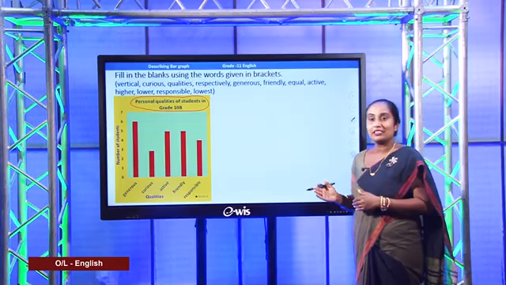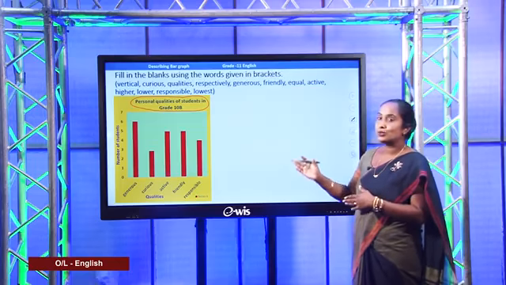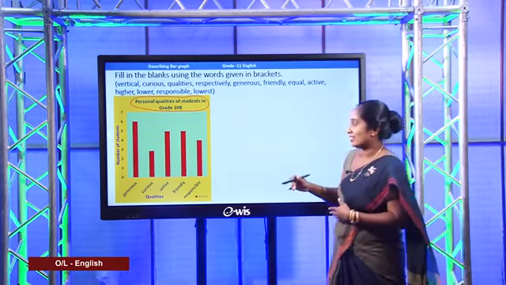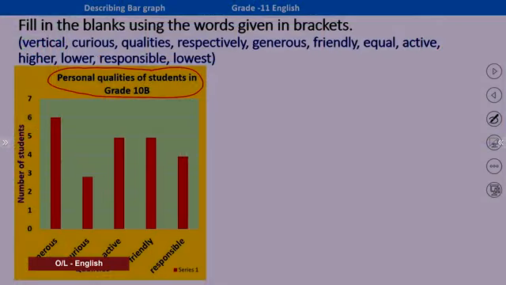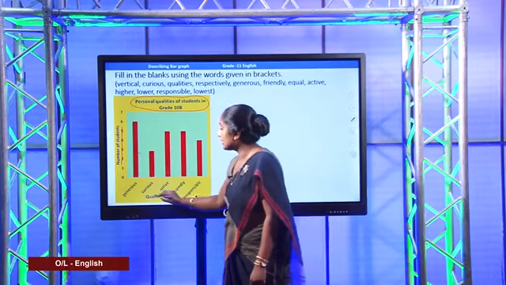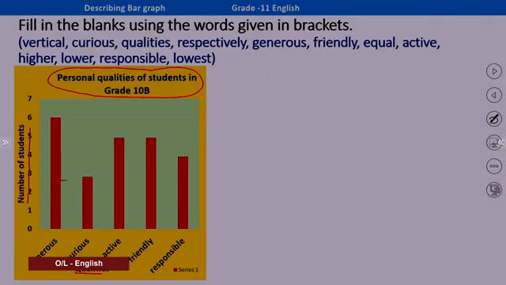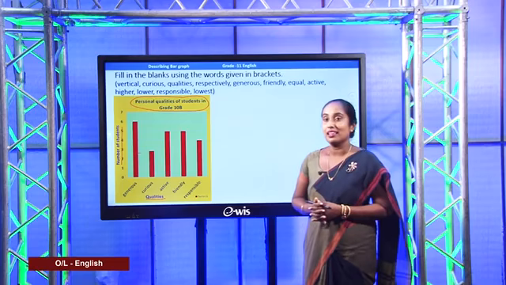As the second activity, we are going to write about two axes. Let's see. The vertical axis is named as number of students. The horizontal axis is named as qualities. So, shall we write about those two axes?